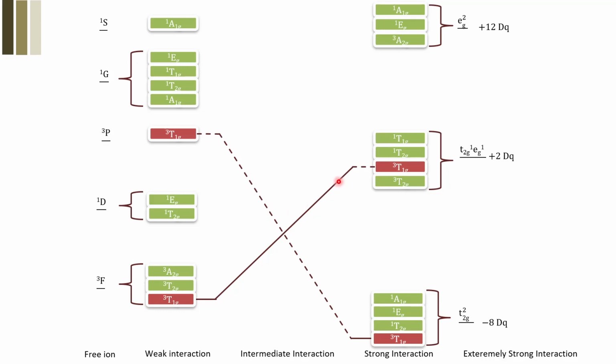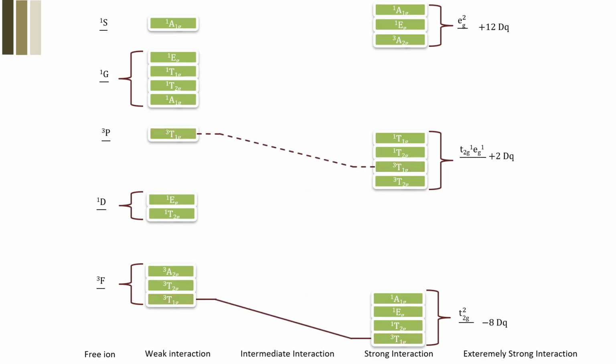But if we join these two terms, we violate the non-crossing rule, and therefore it must be something like that. So 3T1g from 3F should be joined to 3T1g of the T2g2 state. When you are talking about the next term, 3T2g can be joined in the manner that has been demonstrated, and this can be done only in the way that is being displayed.